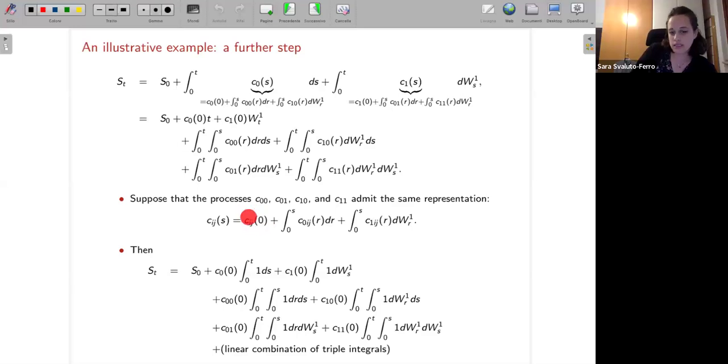So C000 is inside a double integral with respect to time, C10 is inside a double integral Brownian motion and time, and you have the four of them. Everything remains as one integral more, which is 1, 2, 3. Each of them is a linear combination of triple integrals. So what do we have? This is a linear combination of the signature up to level 2, the Ito signature in this case.